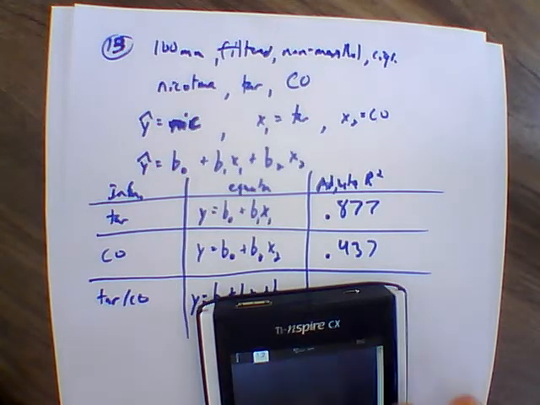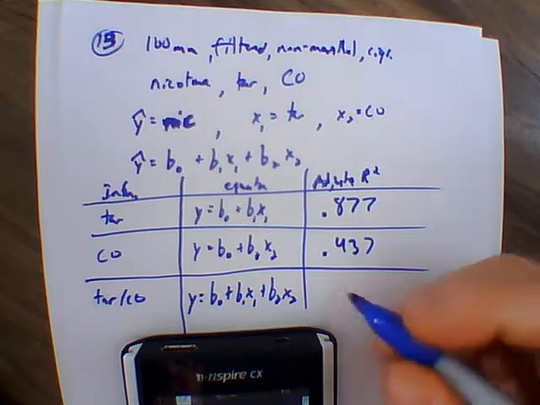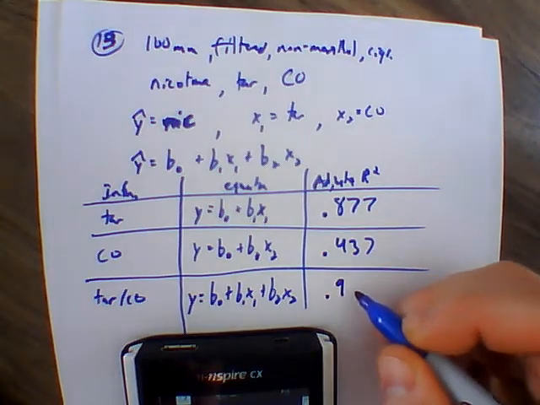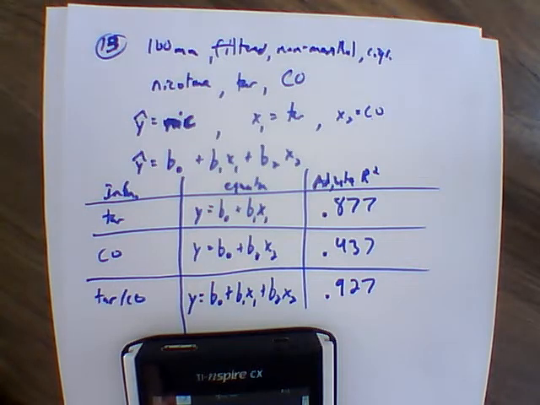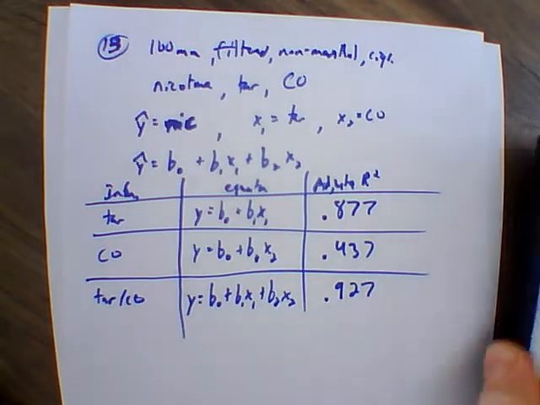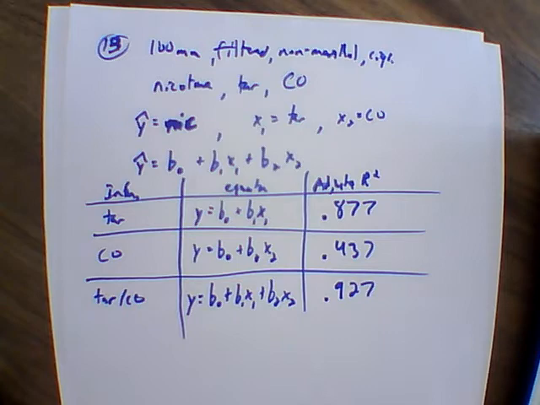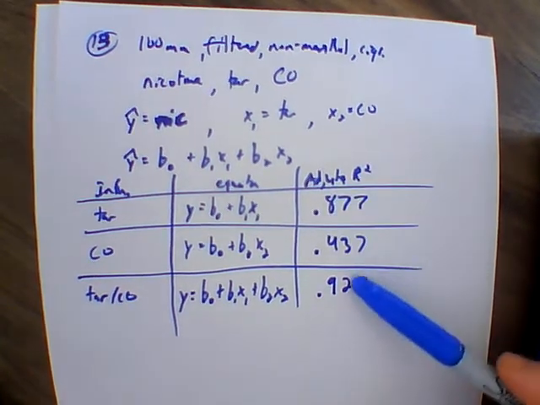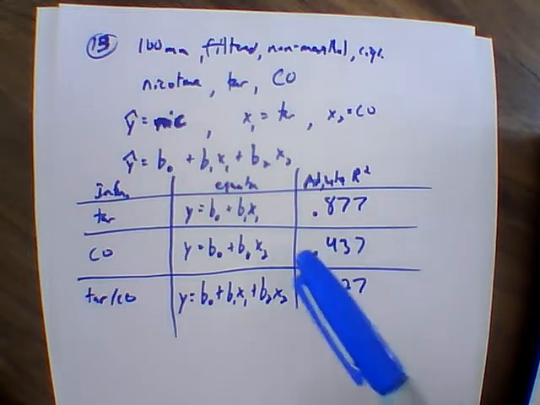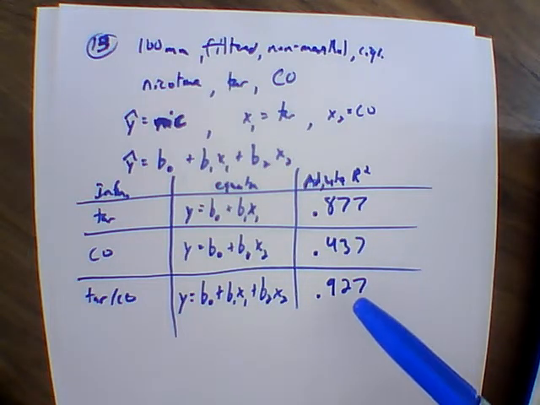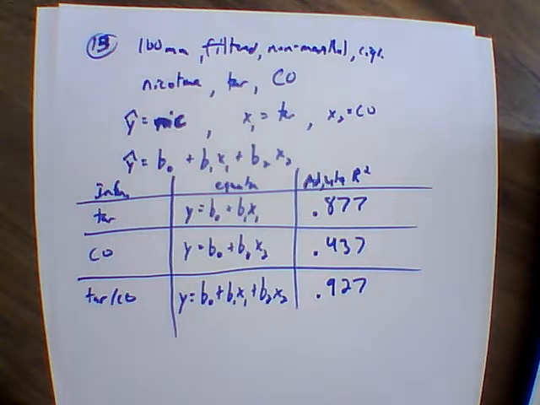When we hit enter here, we notice that now our adjusted r squared value is 0.927. Once we're at this point, we look back and ask what has given us the highest adjusted r squared value. Take into consideration that the more things we have, the more complicated our equation is, but if it is a better equation, we should be considering that.